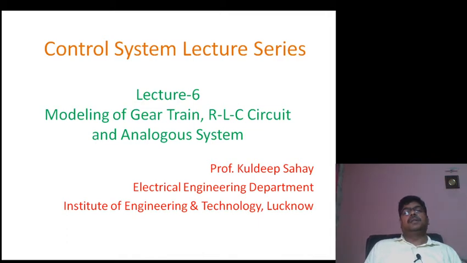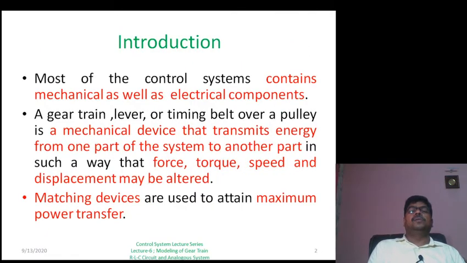In this sixth lecture, we will learn the modeling of gear train and RLC circuit, and finally the analogy between these systems. So, as we know, any control system may consist of electrical components as well as mechanical systems.